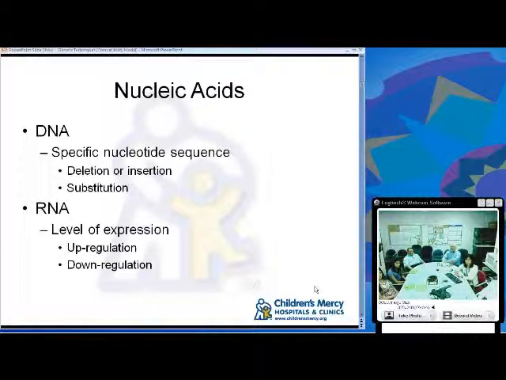So if we're talking about nucleic acids, we're obviously dealing with DNA or RNA. If we are looking at DNA, then we'll be looking at specific nucleotide sequences and looking at deletions or insertions or perhaps substitutions of bases. With RNA, we look at the level of expression, whether we're looking at upregulation or downregulation of genes.